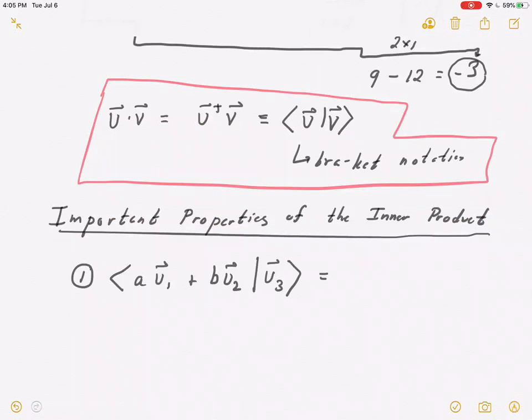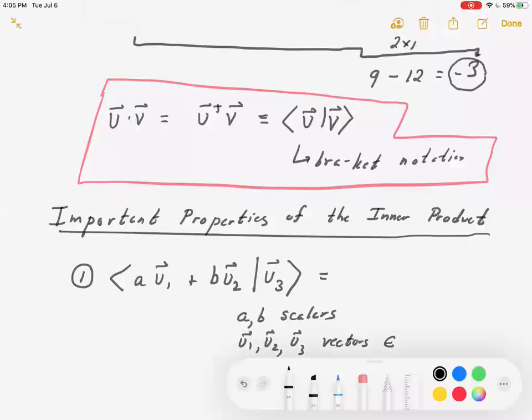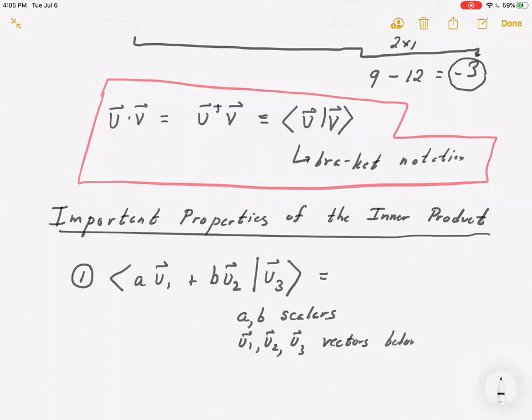Again, A and B are scalars, and u1, u2, and u3 are vectors, and all these belong to R sub n.